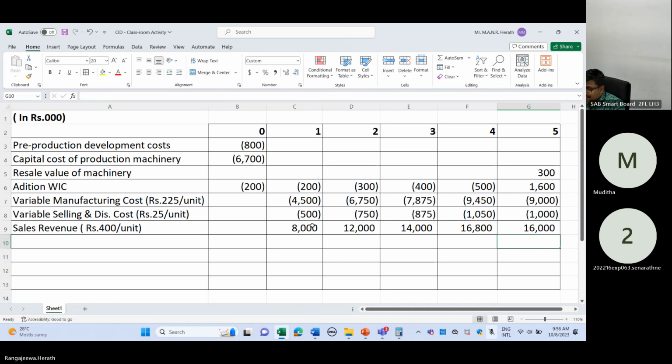Sales. If someone wants, they can also work separately and take the contribution directly. I took the variable manufacturing cost 225, the variable selling cost, and the sales revenue.